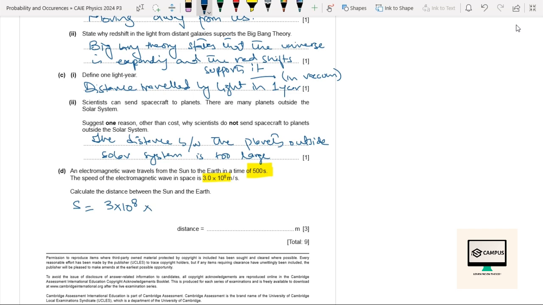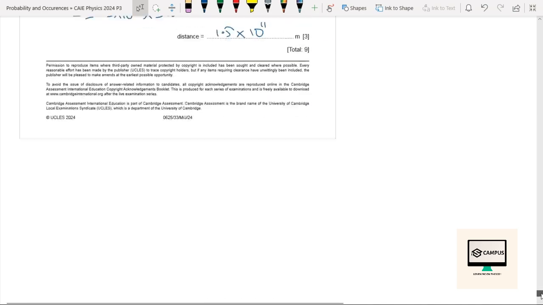So it's 3 times 10 to the power 8 multiplied by 500. We need to give the answer in meters, so we just multiply the two quantities together. Let me quickly do that in the calculator. It's 1.5 times 10 to the power 11 meters. That's it, and that's the end of the paper.